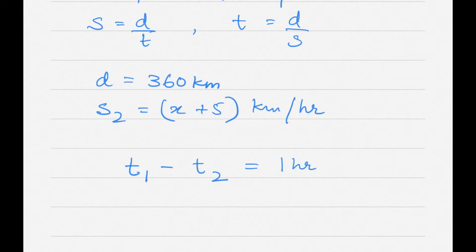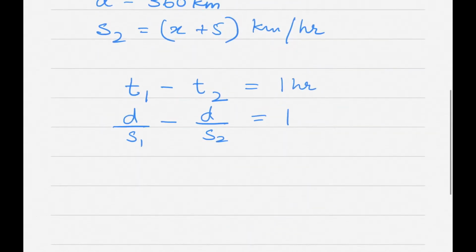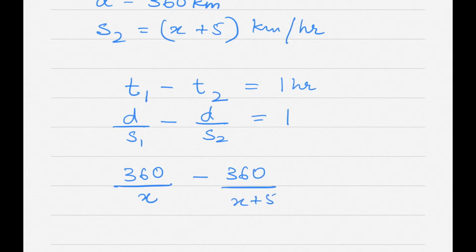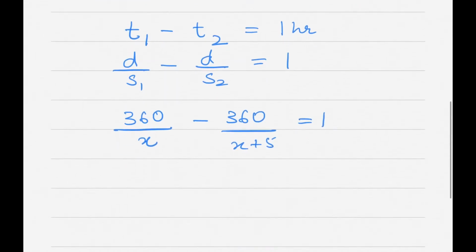So now I can just substitute my values. Distance by speed 1 minus distance by speed 2 because distance is same. Distance is equal to 360 and my speed 1 was x, minus 360 divided by x plus 5, that was my second speed, is equal to 1.